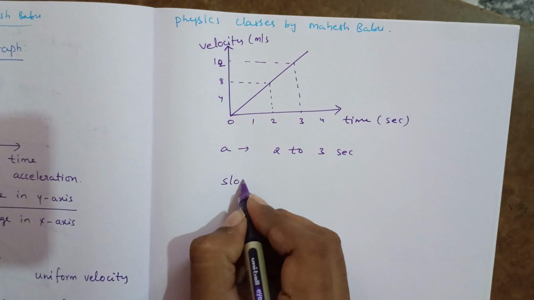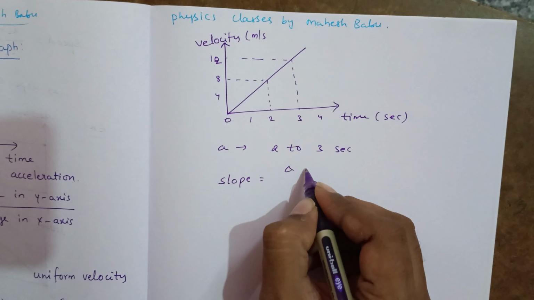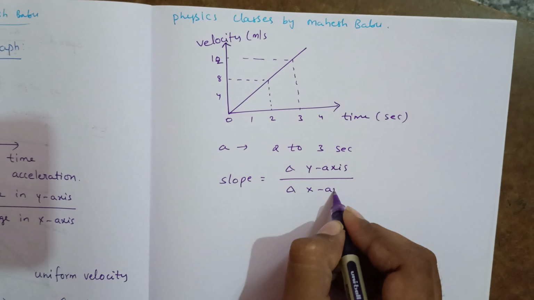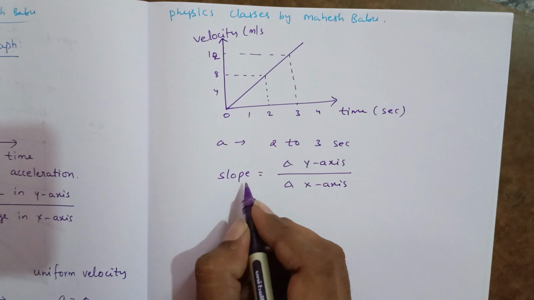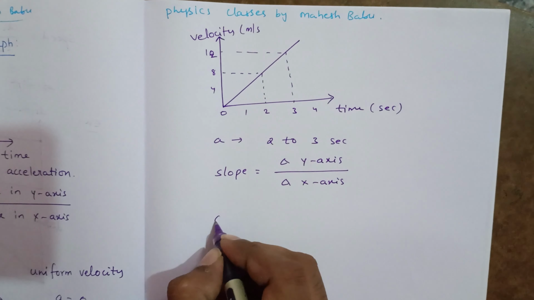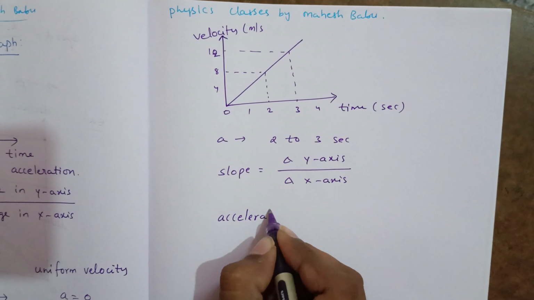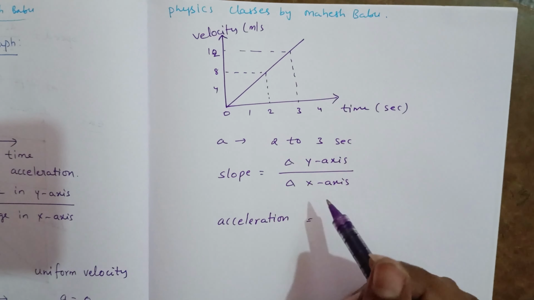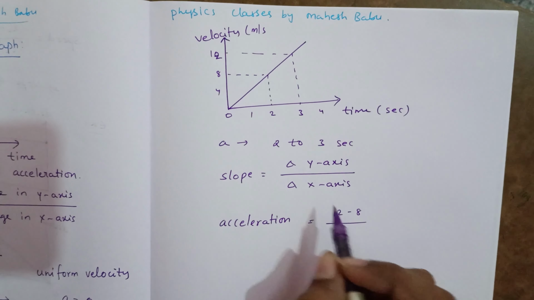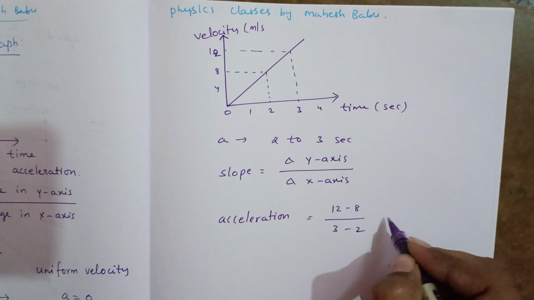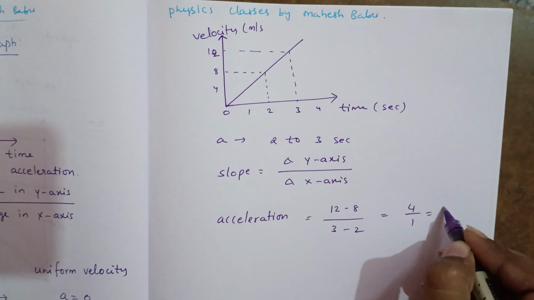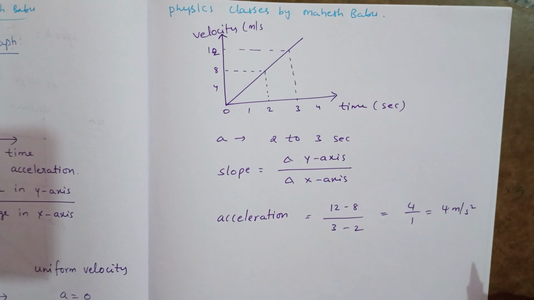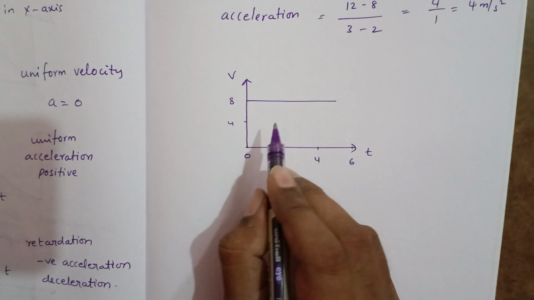Slope equals change in y-axis by change in x-axis, so the slope of the velocity time graph gives acceleration. Acceleration equals change in y-axis, 12 minus 8, by change in x-axis, 3 minus 2, equals 4 by 1, so 4 meters per second square is the acceleration.